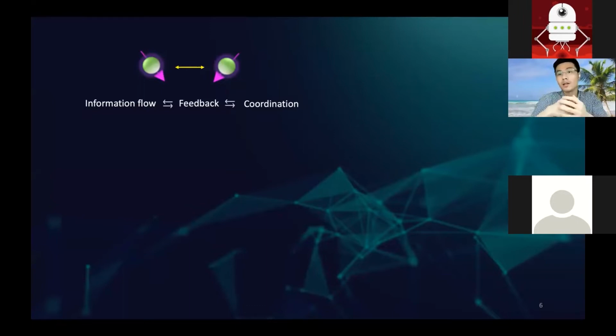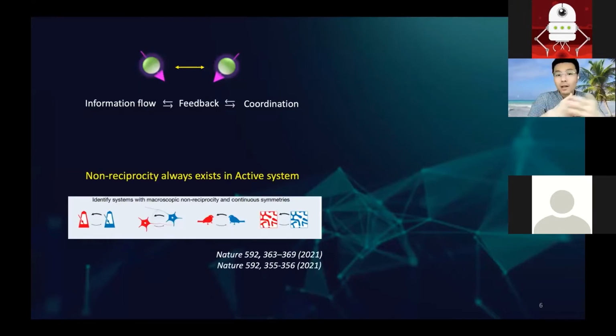This interaction is actually non-reciprocal interaction. If you study different active systems, you will find that non-reciprocity always exists in them, because non-reciprocity can continuously break the symmetry of the system and maintain it in a dynamic, non-equilibrium state.